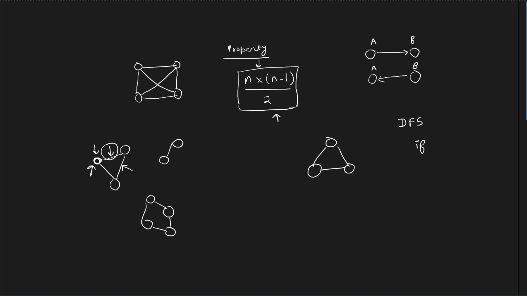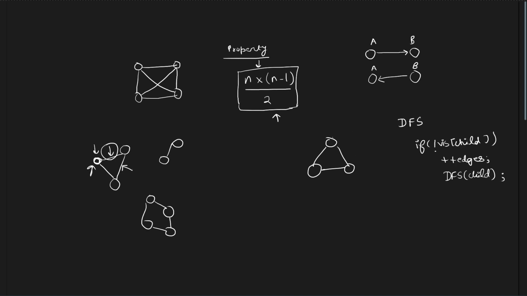So you say if the child is not visited, then what you do is we increment the edges counter. Why? Because we are going to use that edge to go to the child, and we do DFS on the child, right? So this might be something that comes to our mind while we first think of this problem, but this would be wrong. This will give us the wrong answer.